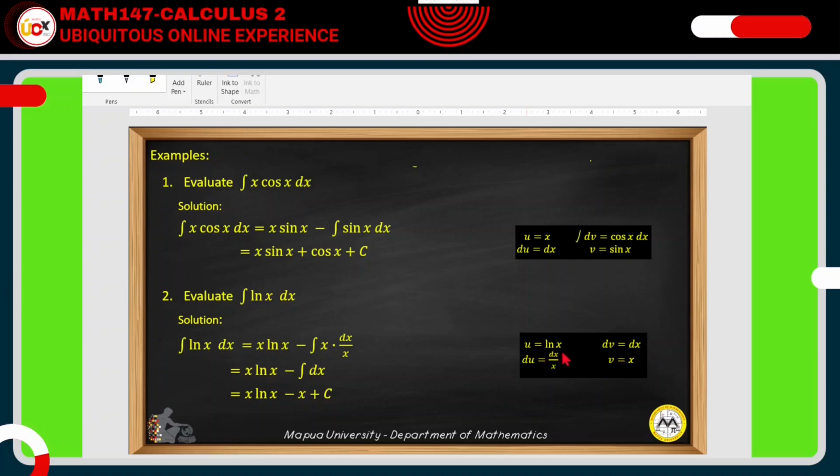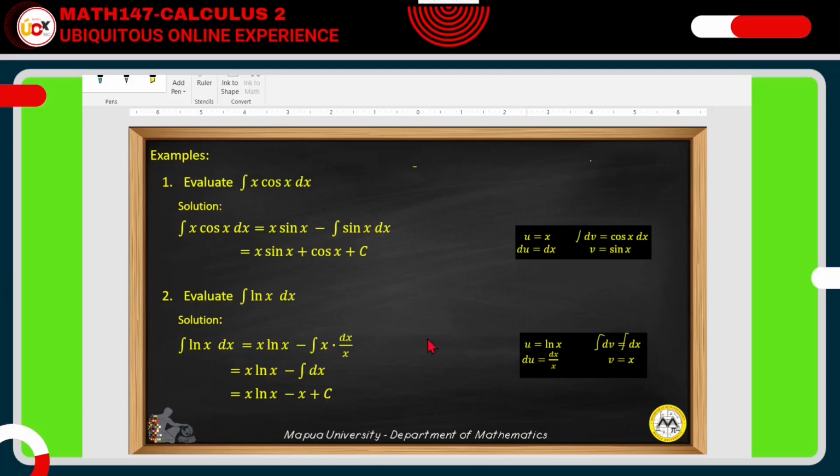From u equals natural log of x, we take the differential of both sides. So du is the differential of natural log of x, which is 1 over x times the differential of x, which is dx. So you have dx over x. Then we take the integral of both sides to get v. So v is equal to x.